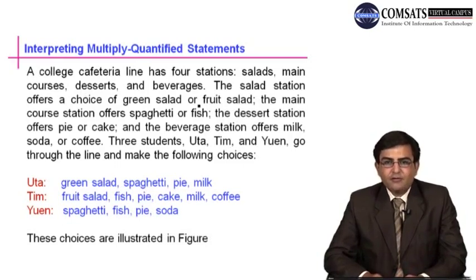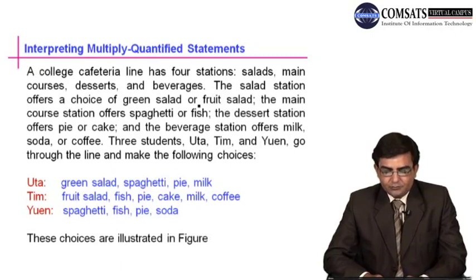The salad station offers a choice of green salad or fruit salad. The main course station offers spaghetti or fish. The dessert station offers pie or cake, and the beverage station offers milk, soda or coffee.